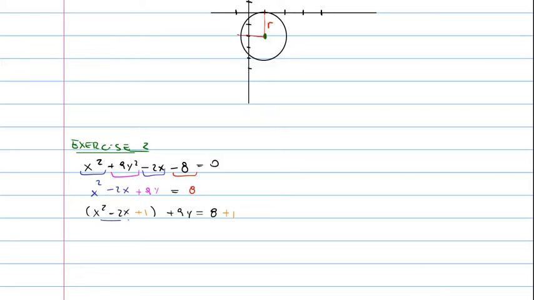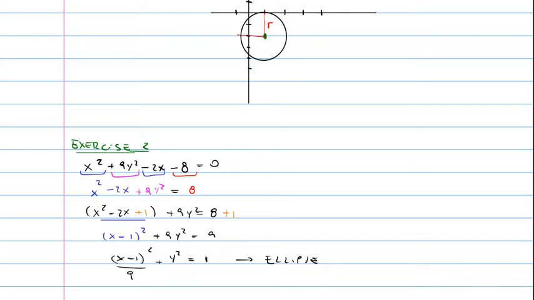So now this is a binomial, so we can rewrite it as x minus 1 squared plus 9y squared equal to 8 plus 1, which is 9. Now we can divide both sides of the equality by 9 to get x minus 1 squared divided by 9 plus y squared equal to 1. And this way we get what we know as an ellipse.